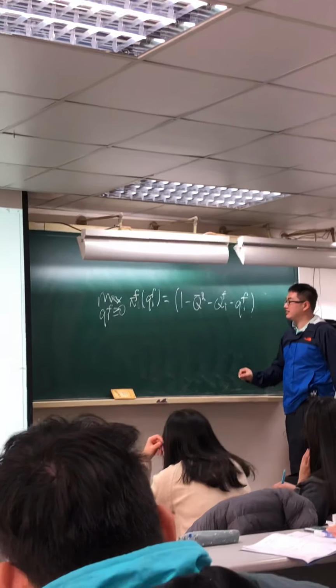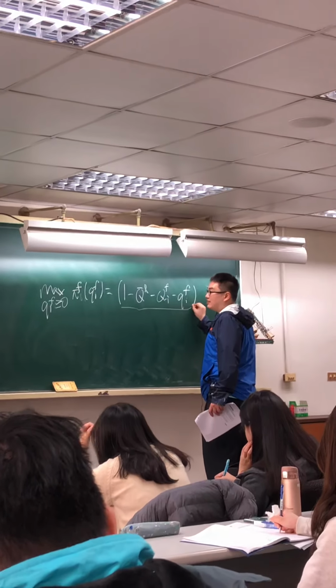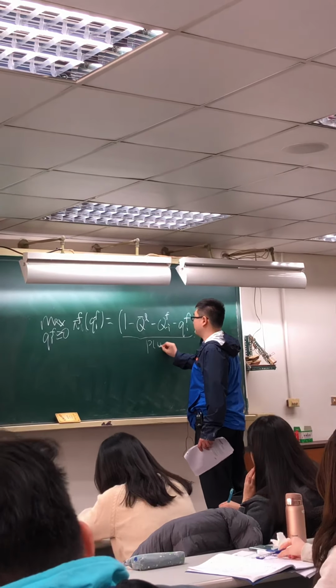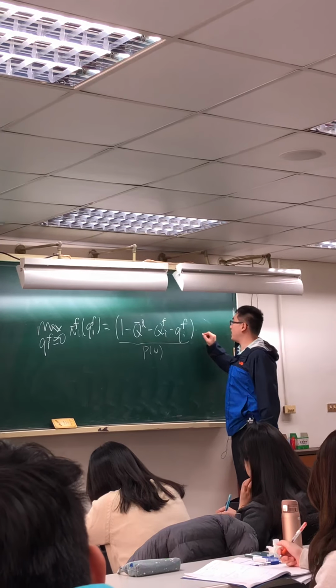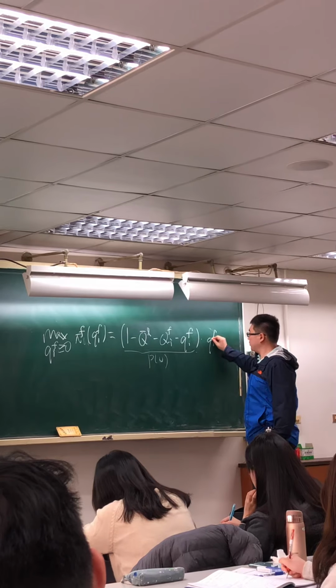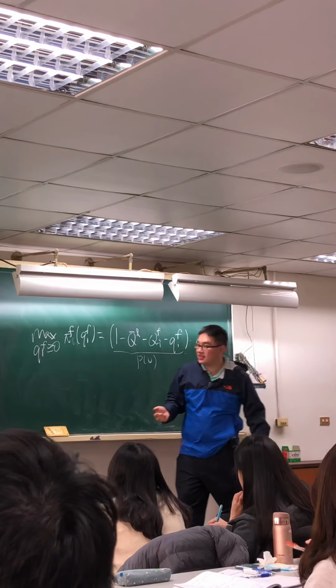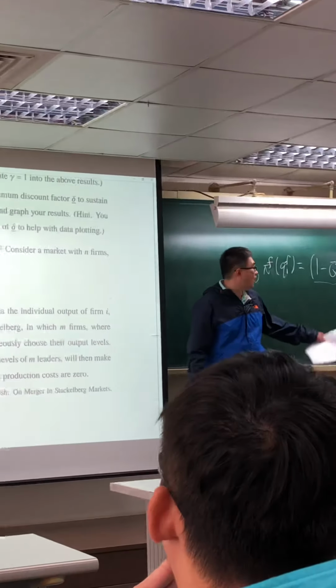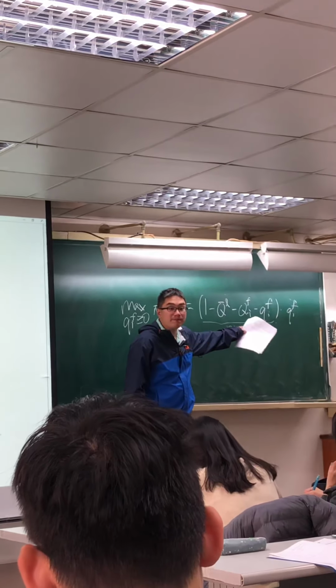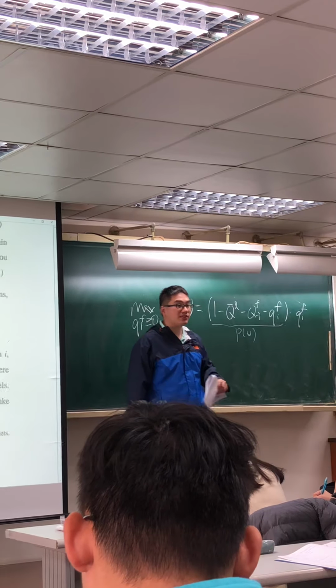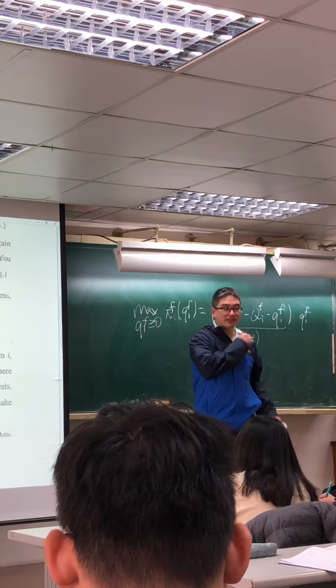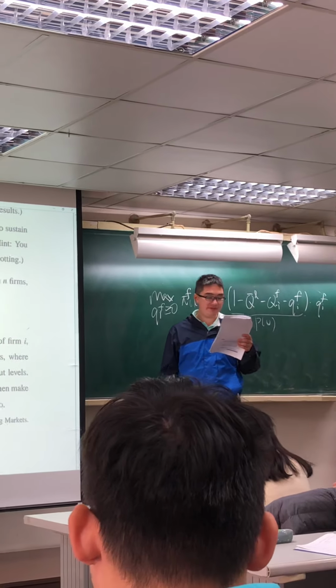Now, this is the price, right? Multiplied by your own output, because production cost is 0. So you don't have the cost following the revenue. This is the profit maximization problem of the follower.